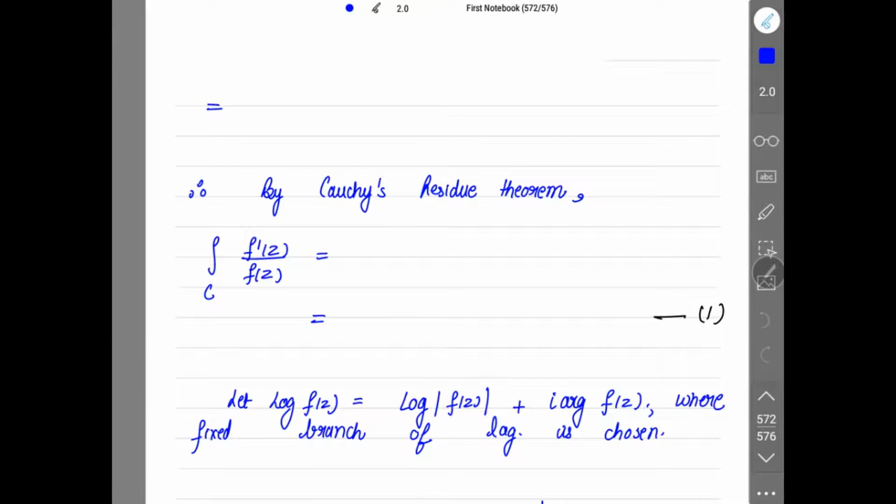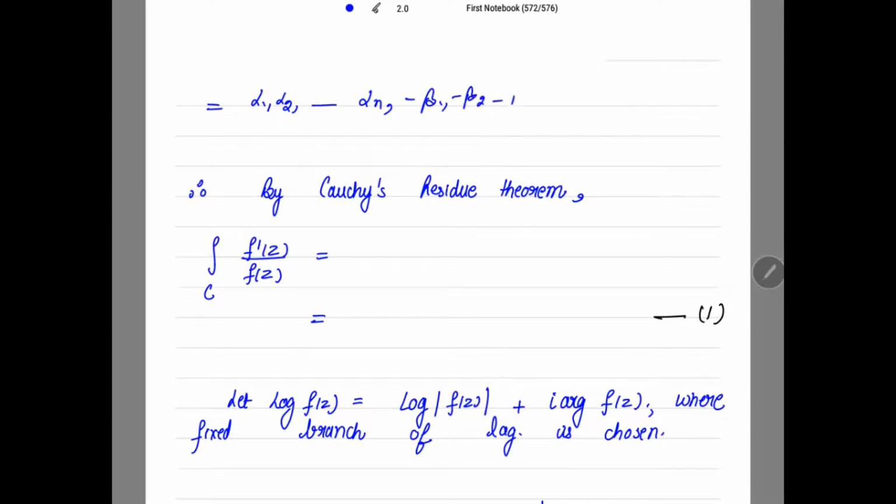The residues of f'(z) over f(z) are alpha 1, alpha 2, that is your multiplicities, up to alpha n, plus minus beta 1, minus beta 2, minus beta 3, up to minus beta m, right? The negative of the orders of poles. So these are all the total residues we are having.